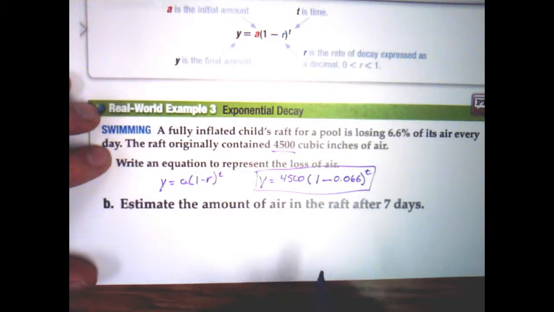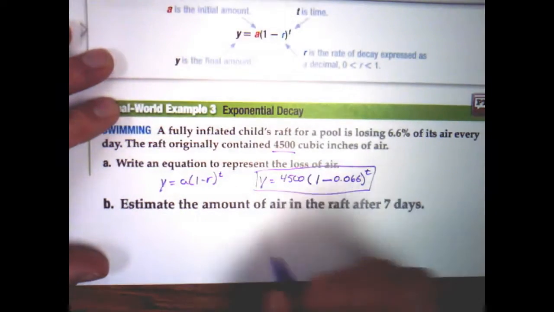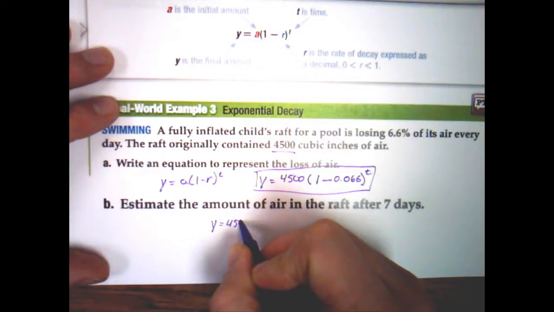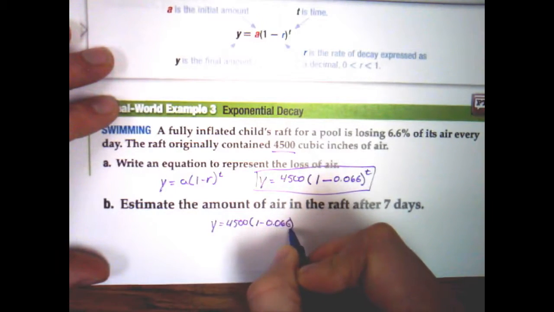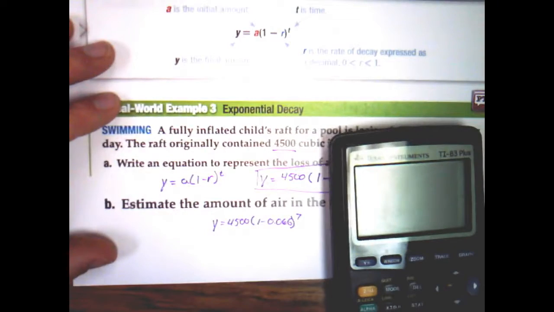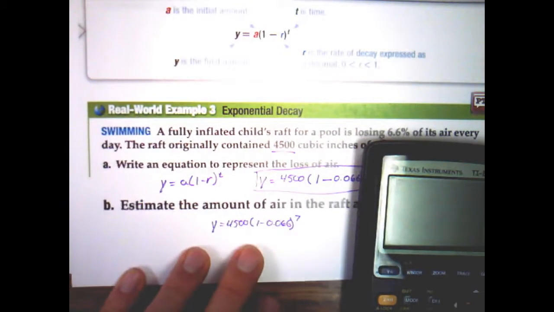Okay, now it says estimate the amount of air there in the raft after 7 days. Okay, so y equals 4,500(1 minus 0.066), all raised to the 7th power. Now again, after the compound interest, the same thing is true for growth and decay.